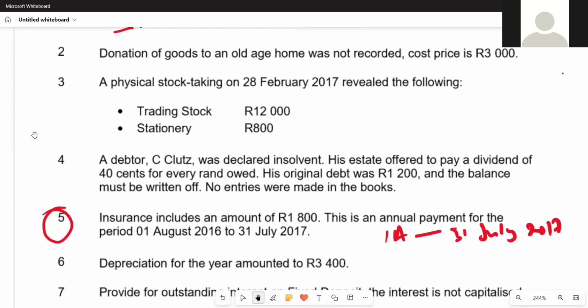If you go to additional information, you're going to see that we don't have anything to do with water and electricity. So we're going to take it as it is as an expense, which is 14,200. So we go there. So we are saying water and electricity, and the figure that we have is 14,200.